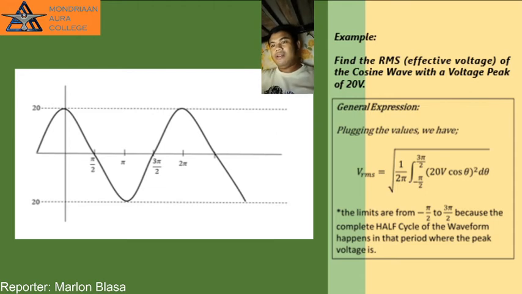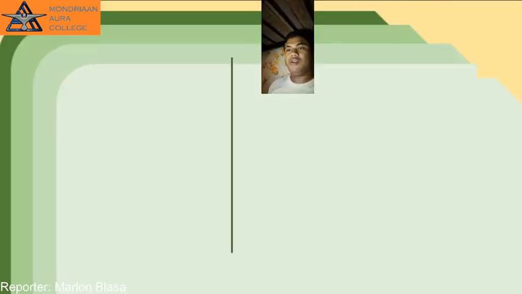So, kung titingnan natin yung graph, makikita natin na yung unang half cycle, yung complete na half cycle is mula doon sa period na pi over 2 to 3 pi over 2. So, yun yung kukunin natin, yung peak kung saan naroon yung peak. Kukunin natin yung RMS niyan. So, evaluate natin.